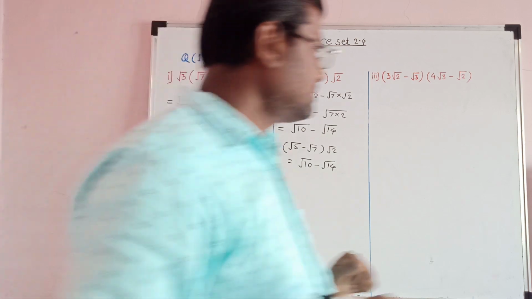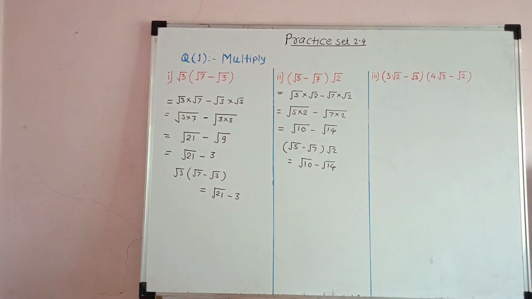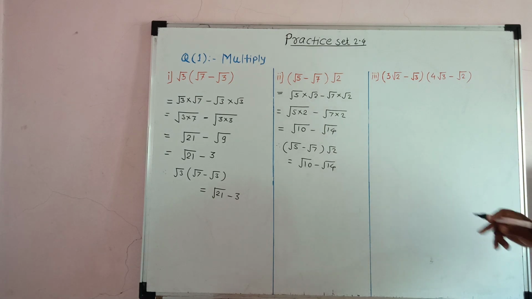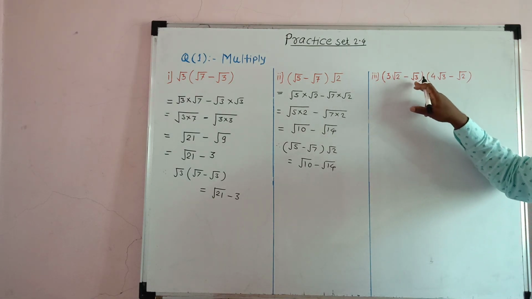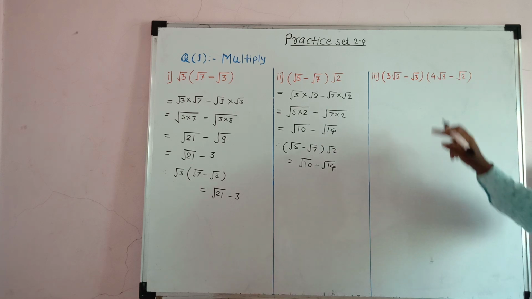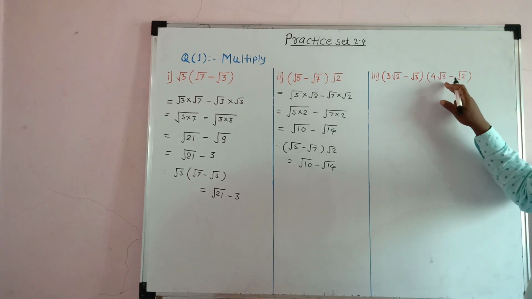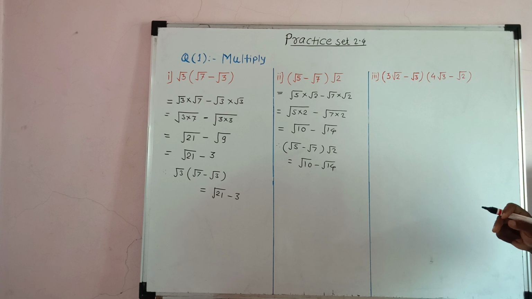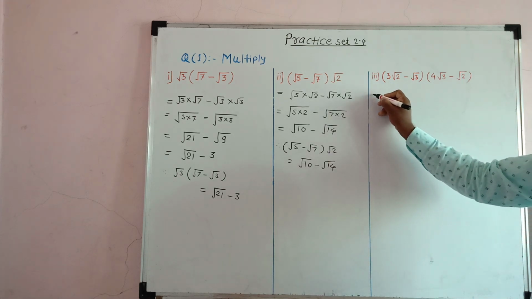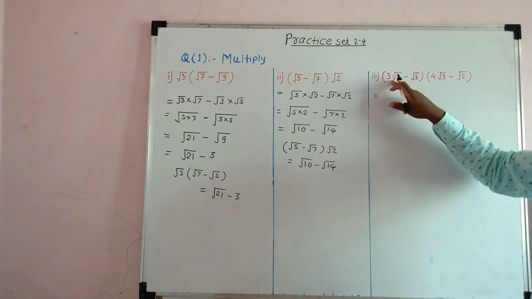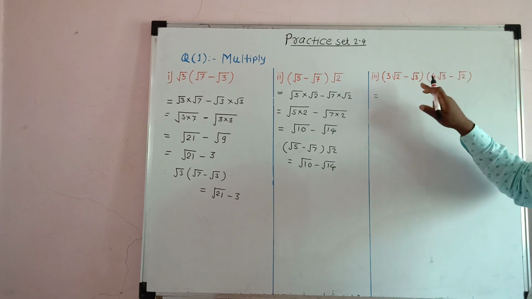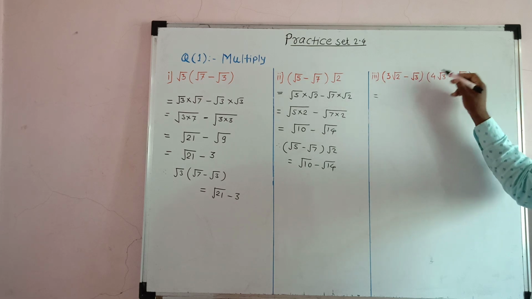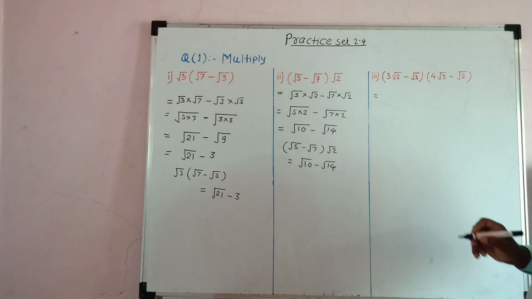Now let us solve example number 3. Example number 3 is, in the first bracket, 3√2 − √3, and in the second bracket, 4√3 − √2. Multiply by this term to this bracket, and then minus sign and multiply by √3 to the second bracket.